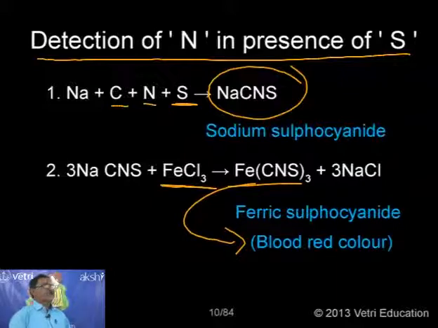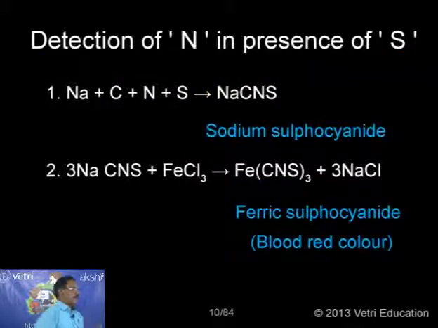This blood red coloration will mask the blue or green color, so we will see only a blood red color. So students, you should be very careful. When testing for nitrogen in the presence of sulfur in your laboratory, if there is any blood red coloration, be careful, because it will mask the detection of nitrogen.